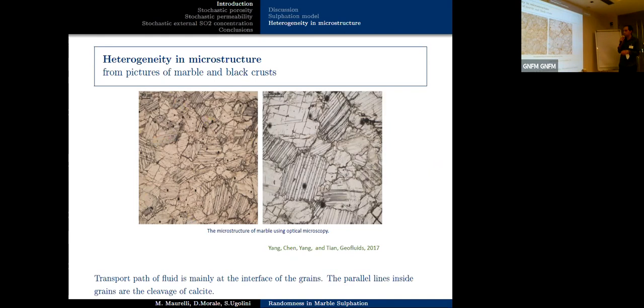These are, for example, the grains of the calcite, and the interfaces of the grains, where the sulfur dioxide may flow and the air may flow, are these lines. You see that there is not a clear structure, there is not a clear order, so it could make sense to describe these as random objects.